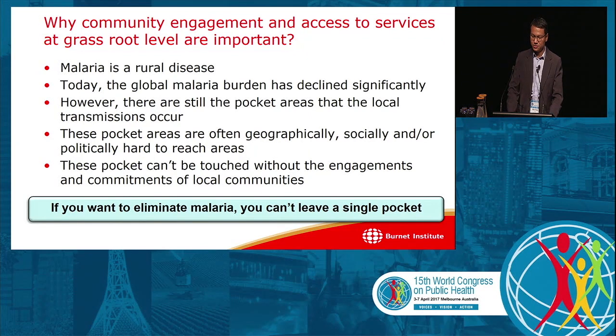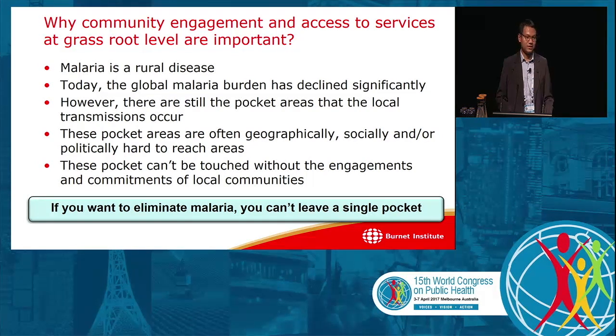As you are aware, over the past decades malaria programs have targeted most of the areas, but especially the easy-to-access areas. That means there are still gaps remaining in the really hard-to-reach areas, not only geographically hard to reach, but also politically and socially hard to reach. These pockets cannot be reached without the engagement of the community.